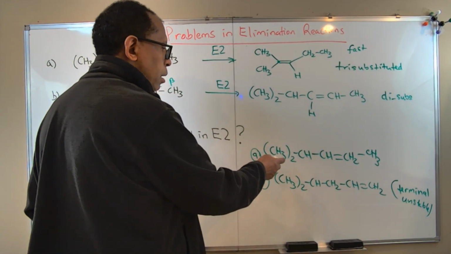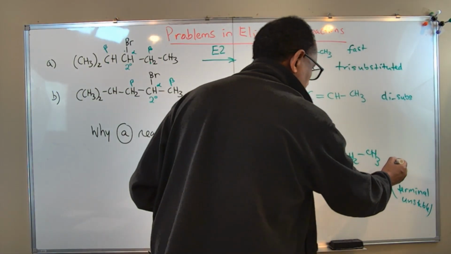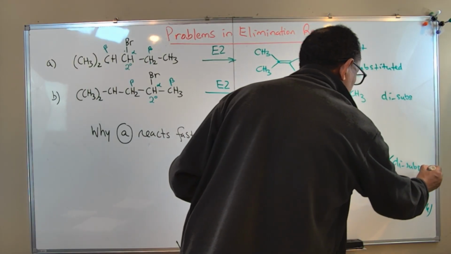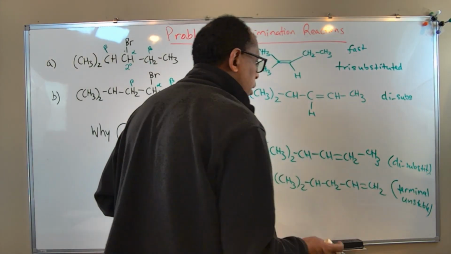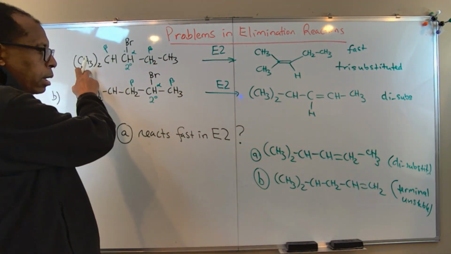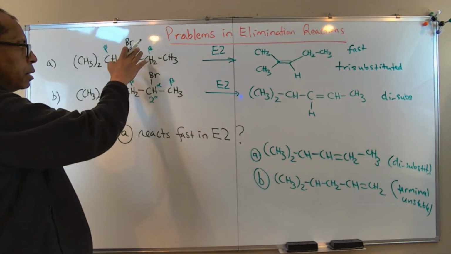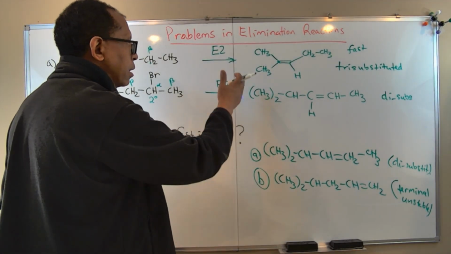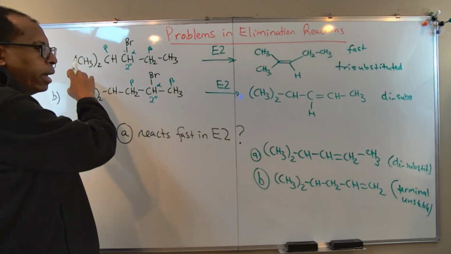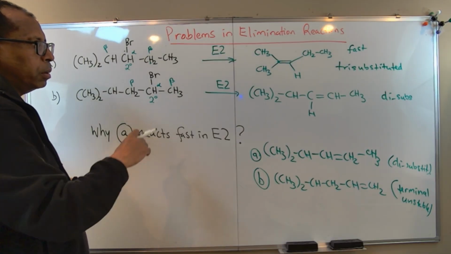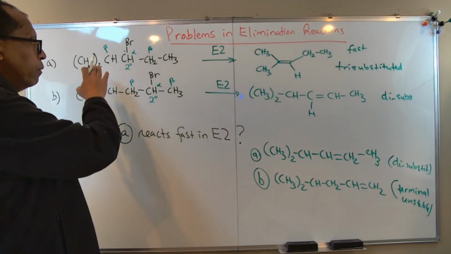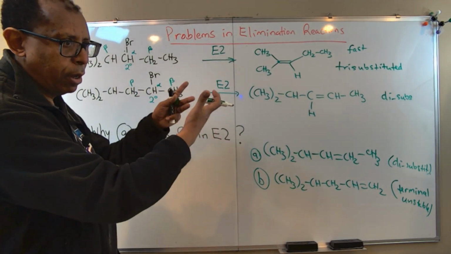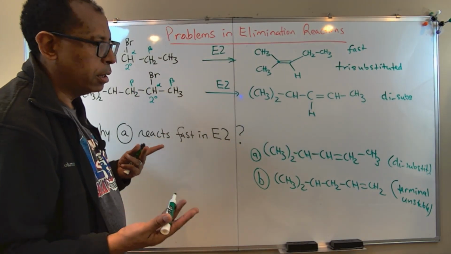But in this case, it is at least a di-substituted alkene. So in reaction A, in both cases, whichever beta carbon you're considering, you would form product faster in A. So the reaction is faster for A than for B. That's how you evaluate with the stability of the alkene.